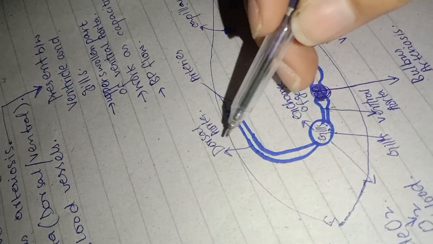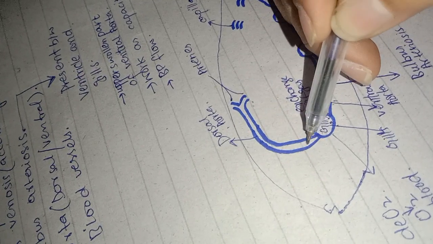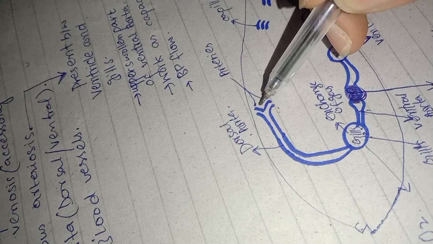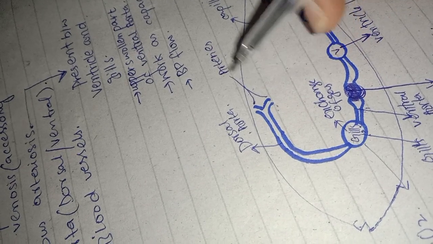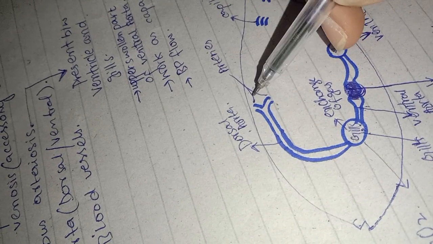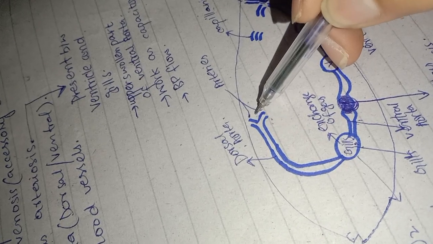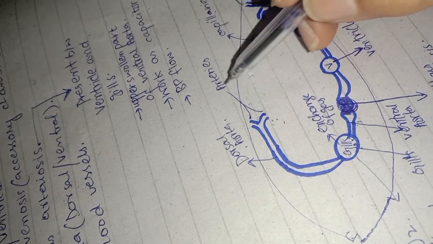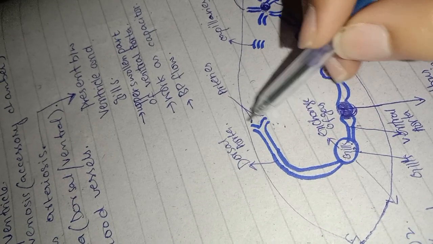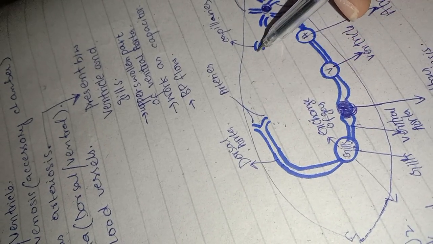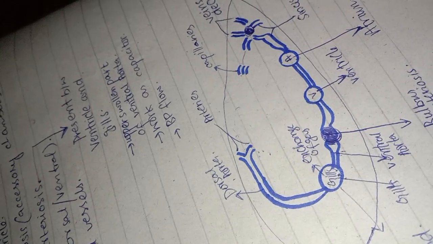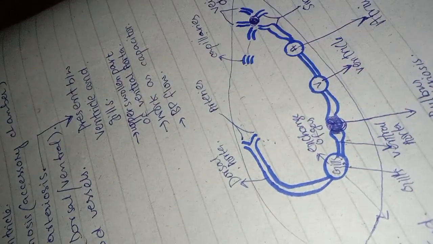So the dorsal aorta carries the oxygenated blood, and from there a bunch of arteries open out and pass the oxygenated blood to the capillaries, and from the capillaries it returns to the heart, and the heart utilizes it and gives the blood to the body.